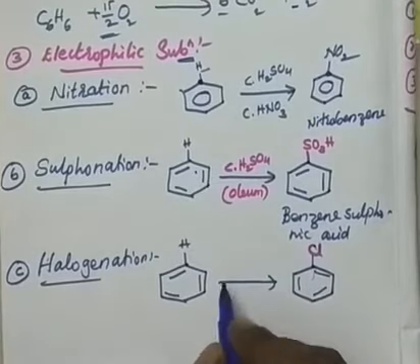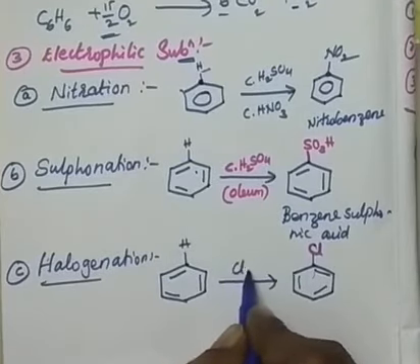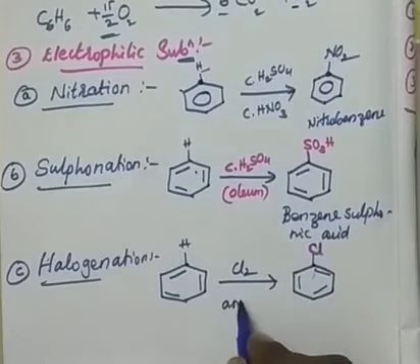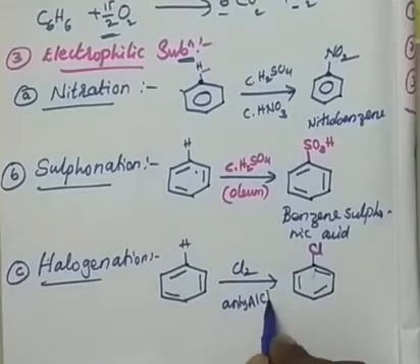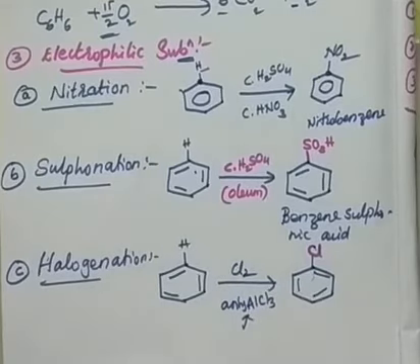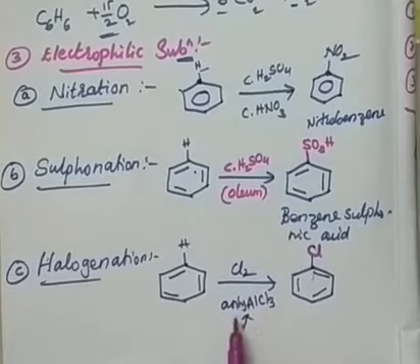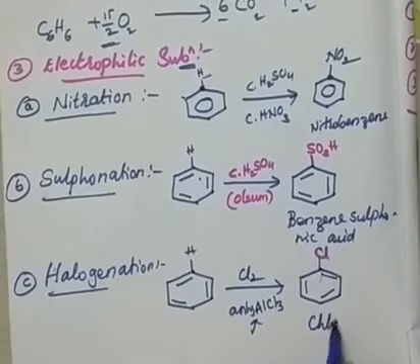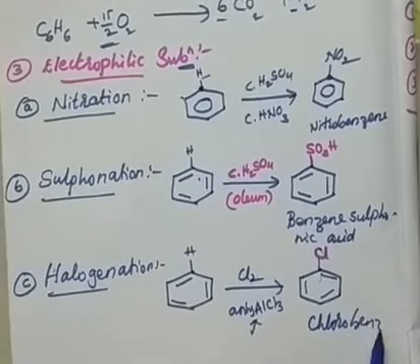It can be bromine also. So this can be heated in the presence of chlorine and anhydrous AlCl3, the catalyst used, right? Benzene on heating in the presence of chlorine and anhydrous AlCl3 catalyst forms chlorobenzene. This is called chlorobenzene, right?